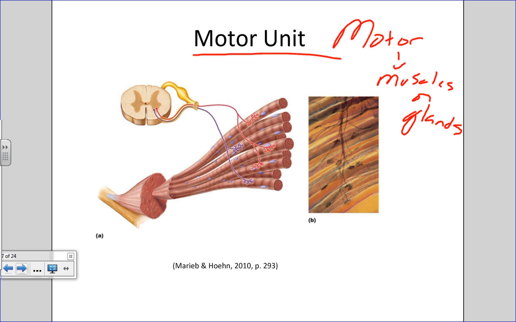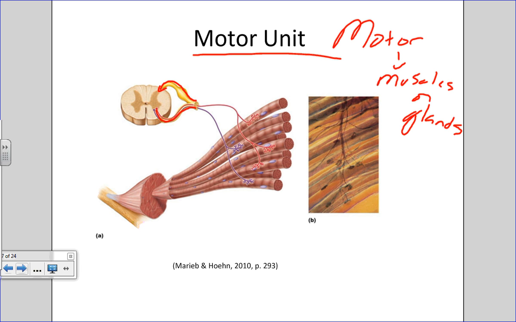As you can see on this transverse section of the spinal cord, the motor neurons exit anteriorly. It's something you have to bear in mind. Output is always leaving the spinal cord from the ventral or anterior side, and sensory input is always coming in dorsally.